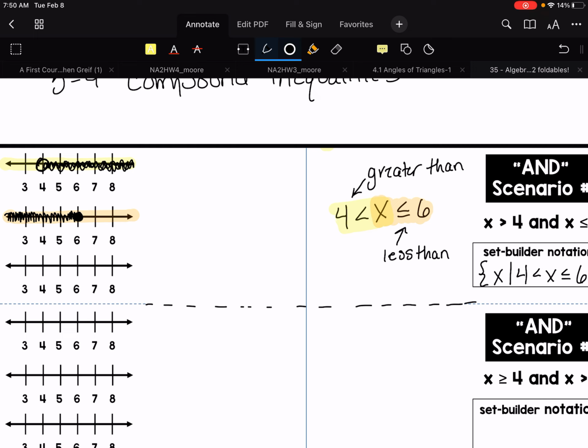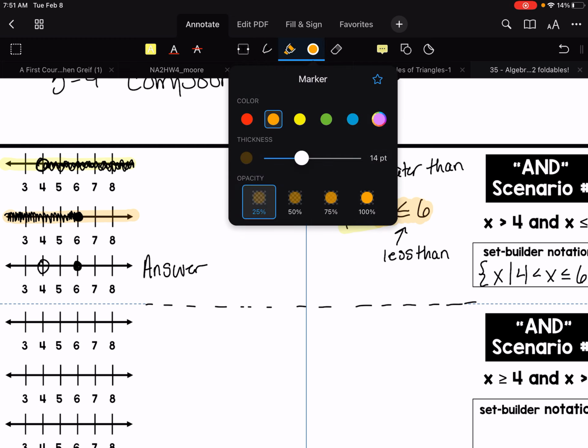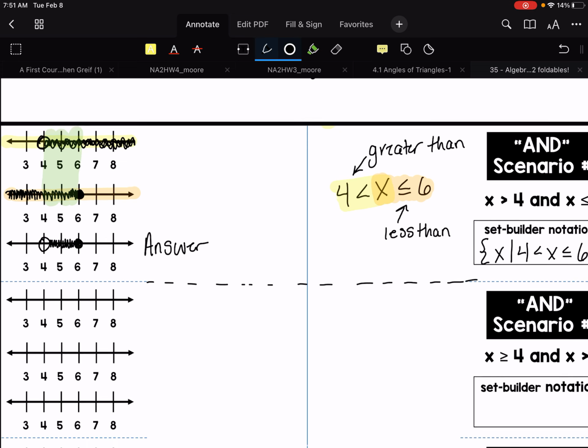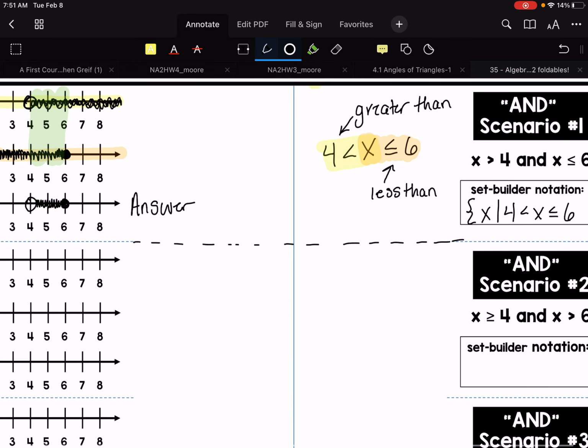So for my last graph, and this is going to be the answer, we've got a closed point at 6, an open point at 4, and then all of my shading for both of those, if I look here across, happens between the two of them. Something like that. All right, so that's the first one.